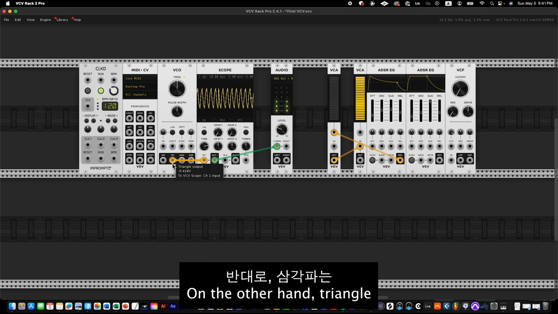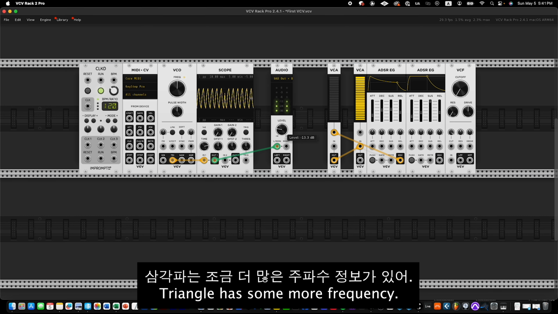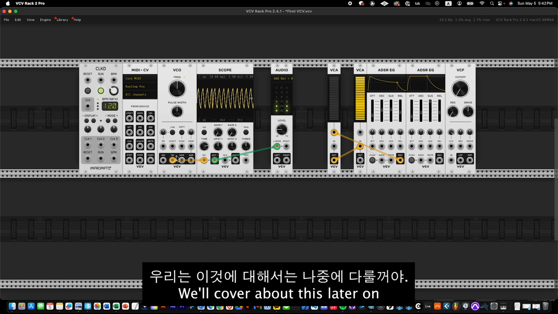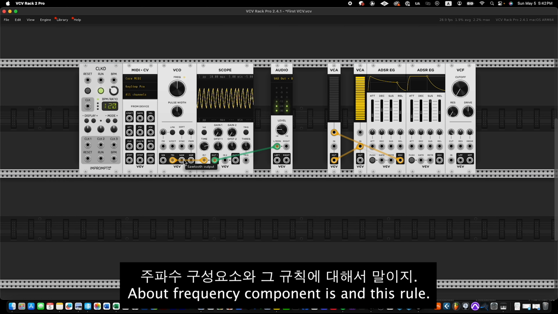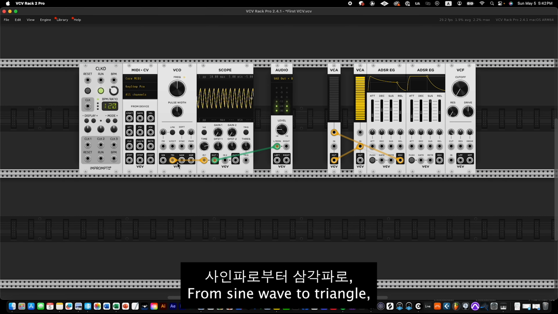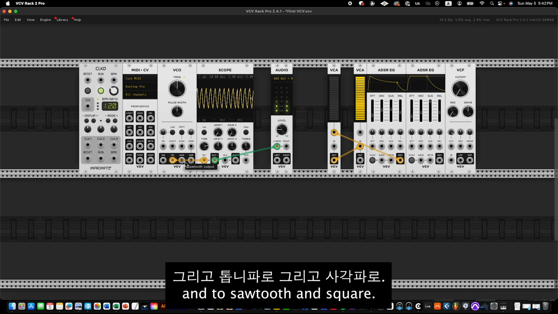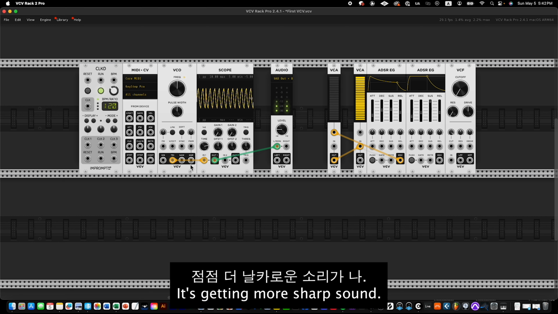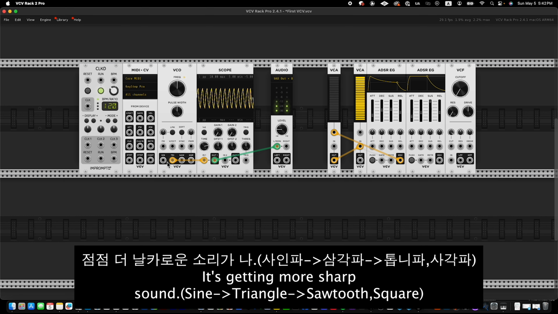On the other hand, triangle has some more frequency. We'll cover frequency components and their rule later on. But you can consider that from sine wave to triangle, to sawtooth and square, it's getting a sharper sound.